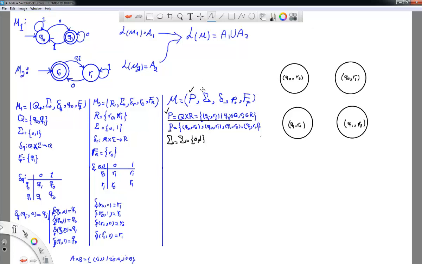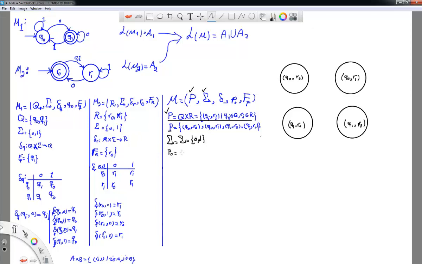Now before I do my delta, let's do the P sub 0, the initial state for this new machine. Remember, I said that I wanted to simulate the two machines side by side, which means that my machine should go through symbols one at a time and see what each of these two machines does. So when I start, both of my machines start in their start state.